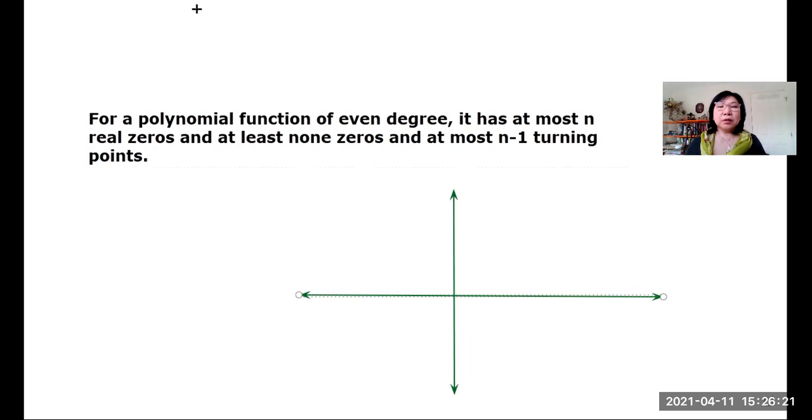So let's say I draw the polynomial function looking like this. And it should be even degree, right? Okay. So this is an ugly function I drew, but this is a polynomial function because no gaps, no holes, no breaks, right?